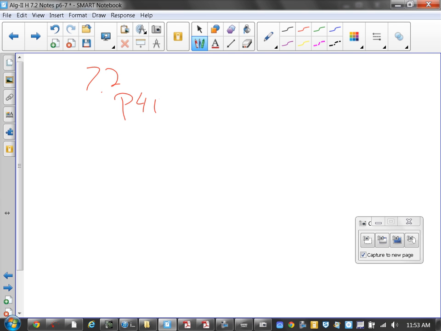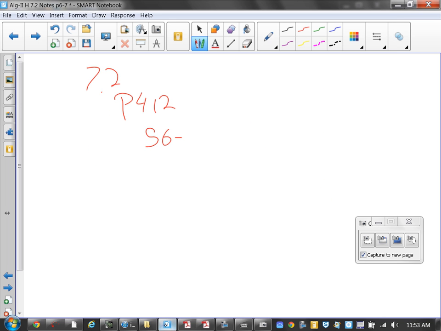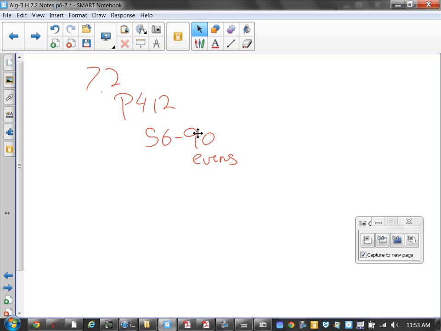Do 56 through 90, the evens. We won't have time to do all the odds. Working with the variables is three times as fast as working with the numbers. You'll be pleasantly surprised at how easy it goes.